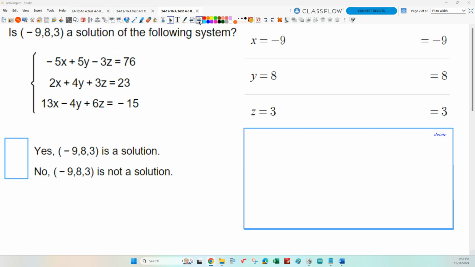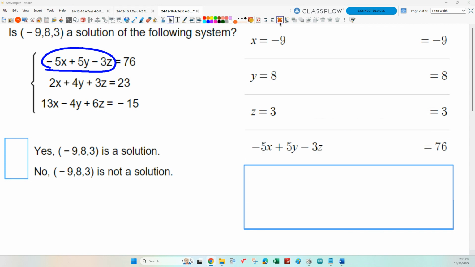Then what you're able to do is I could go to the first equation and I could just type in that expression and hit enter, and look what it does. It tells me that with those values of the variables, that expression is equal to 76.